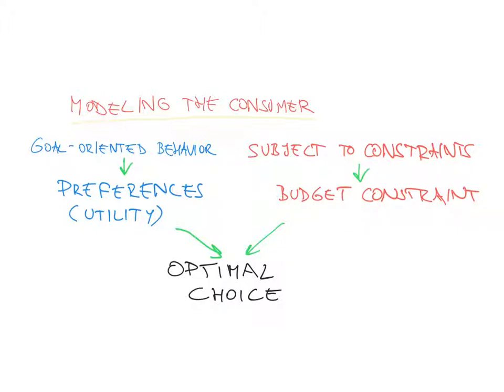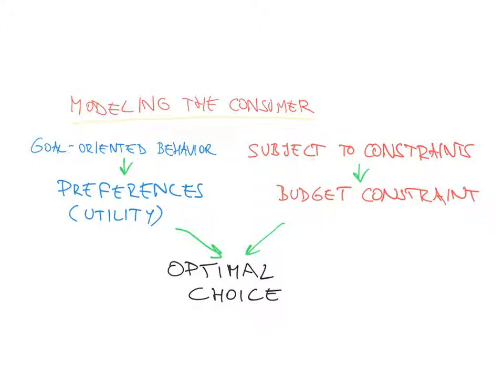So if we understand how we model preferences and utility and then the budget constraint, that basically gives us our theory of the consumer and of consumer behavior. Put those two together and you get optimal choice. So the consumer's optimal choice is maximizing utility subject to the budget constraint, basically.